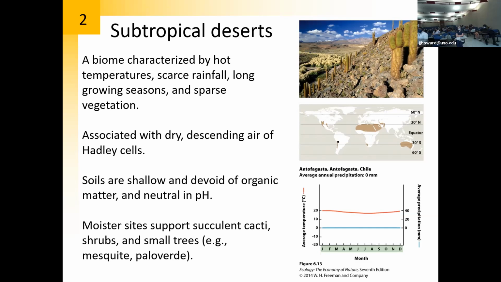That means that in Africa, it has to pass over the South African mountains where most of the moisture is lost. And then by the time it gets to the west coast of Africa, it is now a rain shadowed desert. The same is true here in South America because, of course, if moisture is coming from east to west across South America, it has to pass over what? The Andes. And so by the time it falls down the Pacific side of the Andes, it is extremely dry and you have a rain shadowed desert.